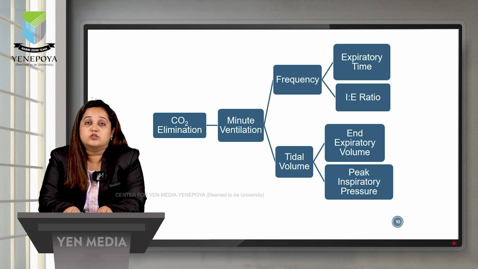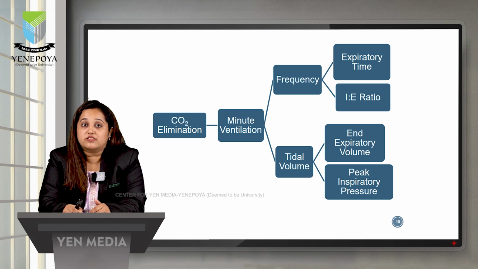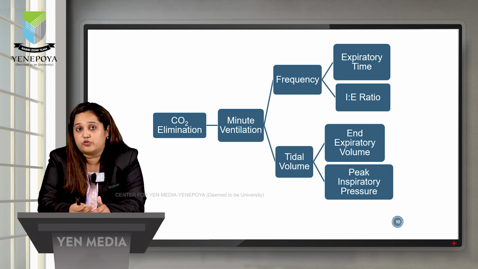When I talk about frequency and tidal volume, frequency can be further managed by the expiratory time and the I:E ratio. What I mean by this is, every time you don't have to manipulate the respiratory rate, you can also go ahead and change the expiratory time, or you can also change the I:E ratio. When I talk about tidal volume, if you are using volume control mode of ventilation, definitely you can directly go and manipulate the volume control setting.